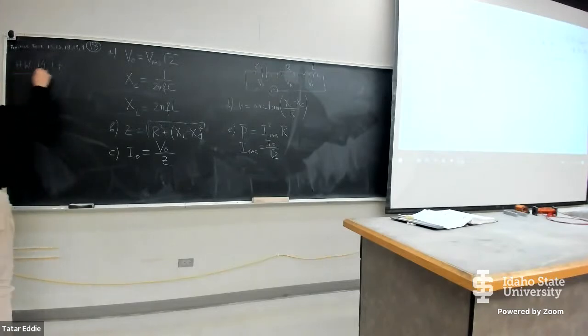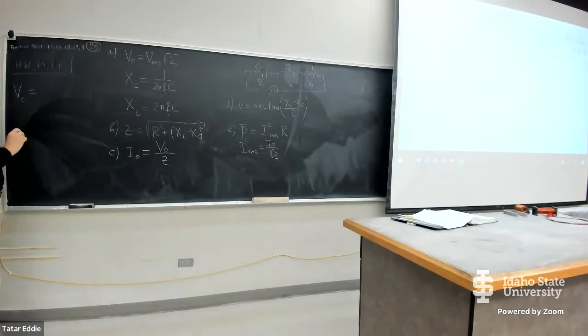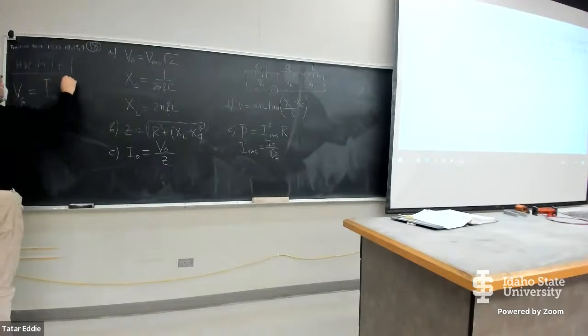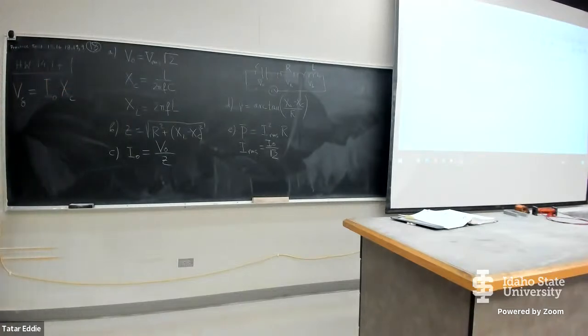And look, each of those voltages, so for example, the voltage across the capacitor, and they're asking about amplitude, not RMS. So voltage amplitude across the capacitor is going to be amplitude of the current times capacitive reactance.